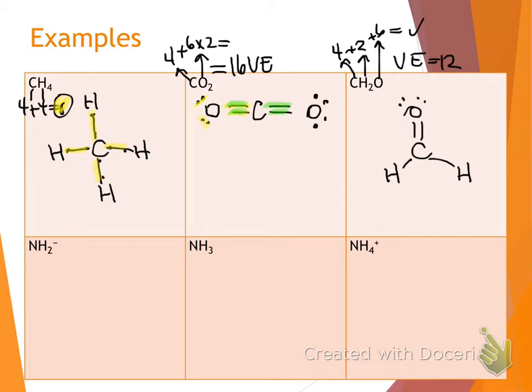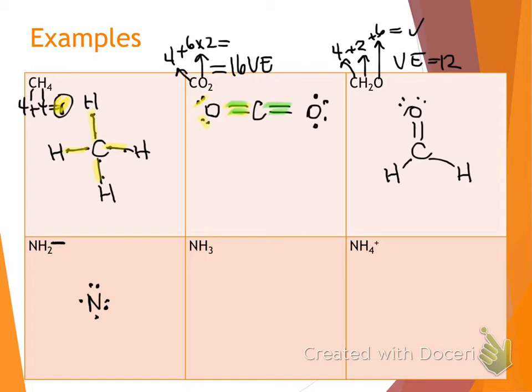We're going to look at just a couple more examples here real quick with our polyatomic ions. So remember, we have to add or remove electrons whenever we have those charges. A negative charge means that our polyatomic ion here has gained an electron. We're going to add that electron to our central atom, which is nitrogen. Nitrogen then, instead of having 5 valence electrons, is going to have 6 valence electrons.